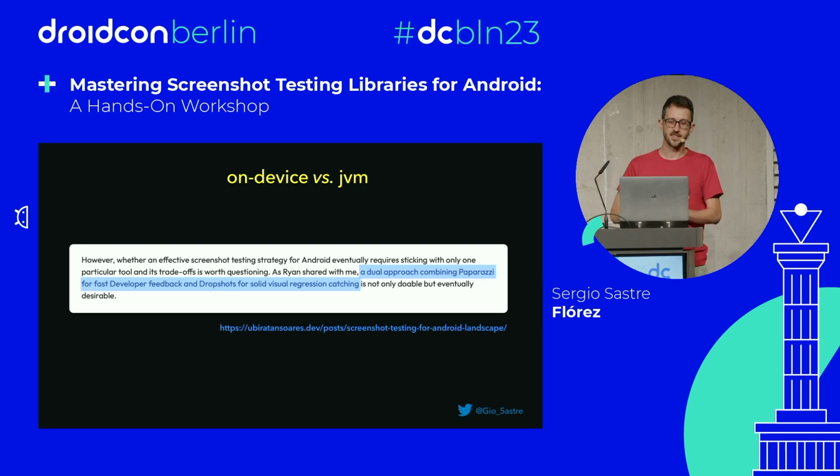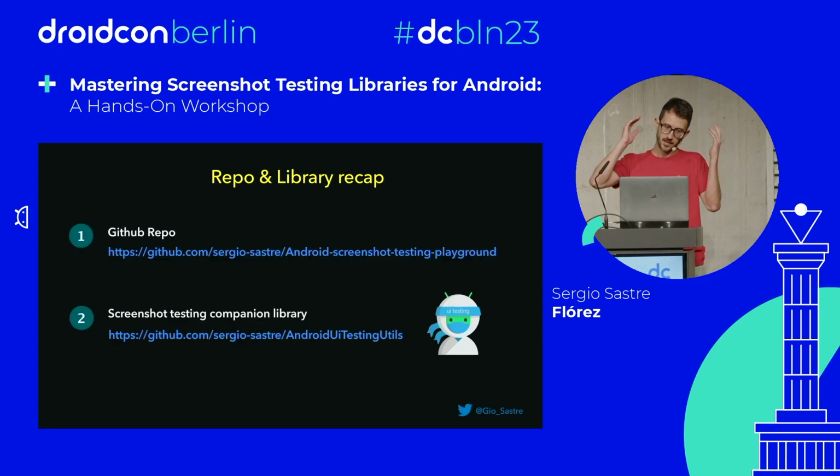They were discussing that the best is probably to have a dual approach in which you combine JVM and on-device screenshot testing. I completely agree with them. You can get solid visual feedback with on-device screenshot tests, and with JVM you just have fast feedback, for example, for local development. So, just last slide, I promise, just a recap.